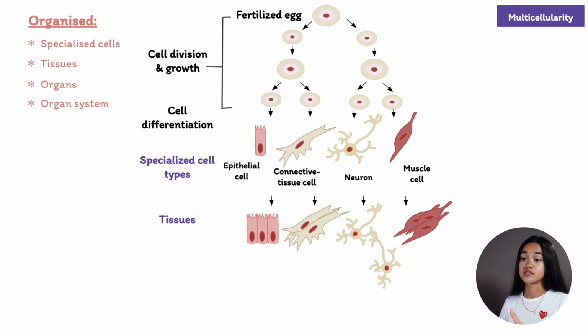Nervous tissue consists of cells specialized for initiating and transmitting electrical impulses. Epithelial tissue consists of cells specialized for exchanging materials between the cell and its environment. And connective tissue, which connects, supports, and anchors various body structures.